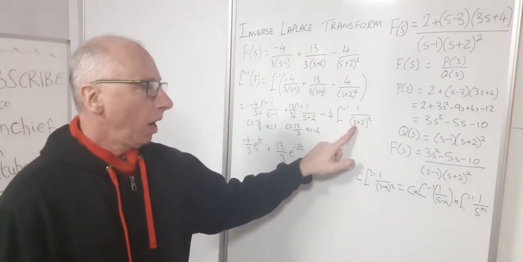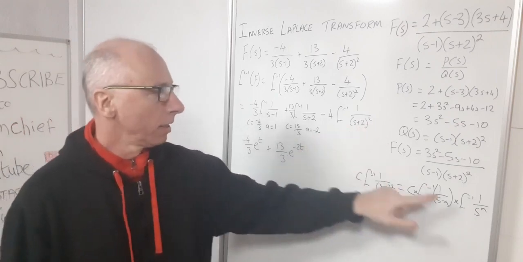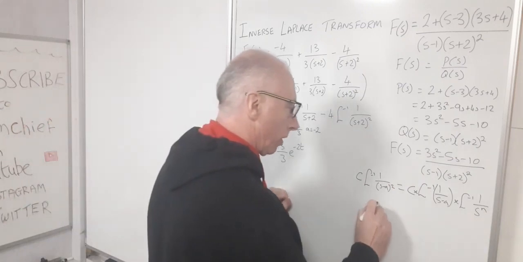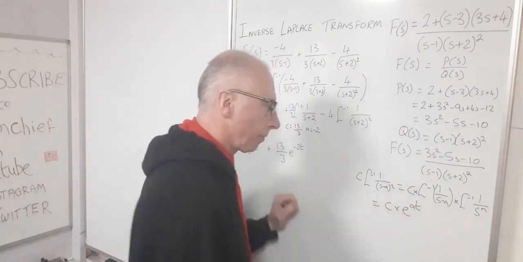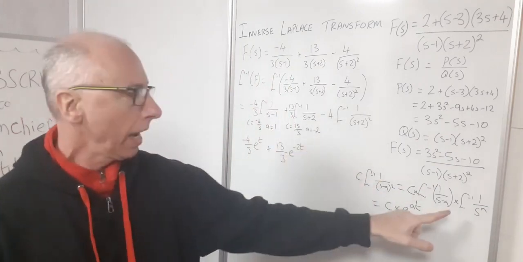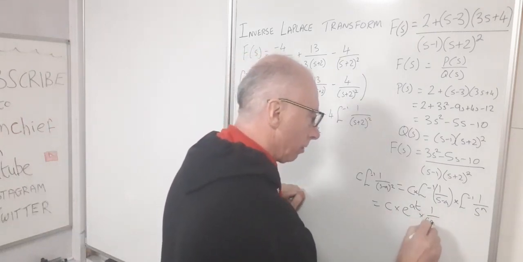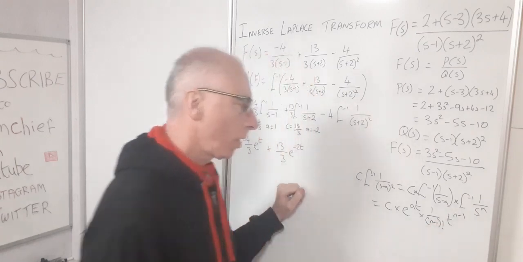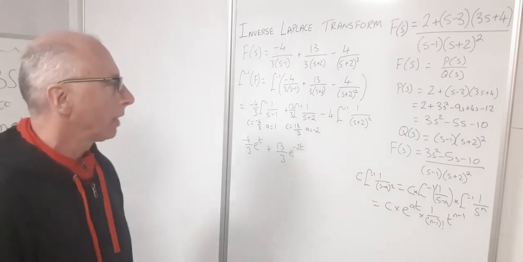So here our s would just be this term here, so that will be s squared, so s to the n, so n will be 2, and then the result of this would give us c times e to the at. So that is as it was for these results. And then this one, we multiply that by 1 over (n - 1) factorial, and then t to the n minus 1. So that's our general result when we have this format here.